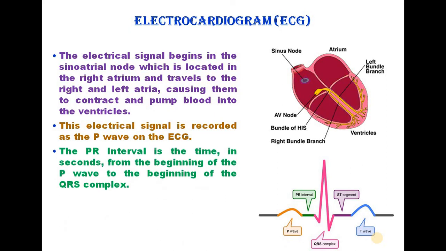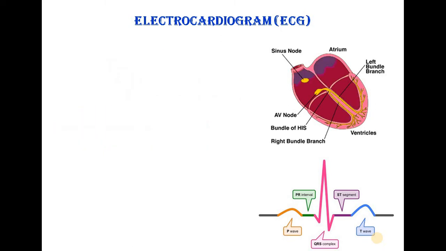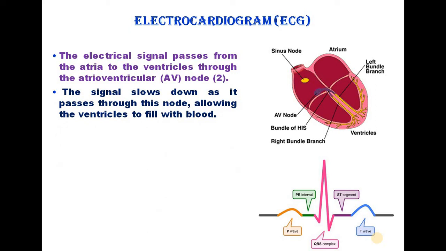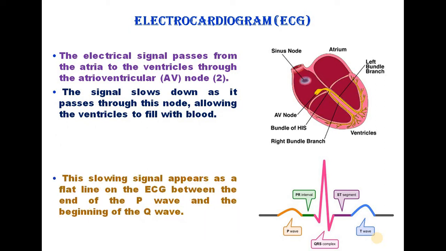The PR interval is the time in seconds from the beginning of the P wave to the beginning of the QRS complex. The electrical signal passes from the atria to the ventricles through the atrioventricular node. The signal slows down as it passes through this node, allowing the ventricles to fill with blood.